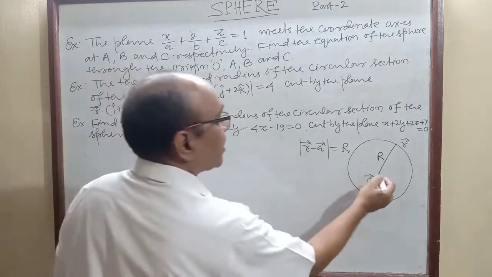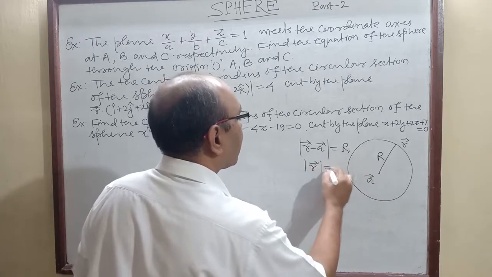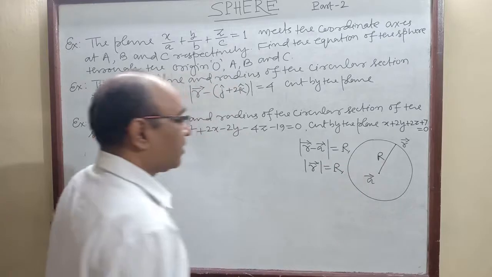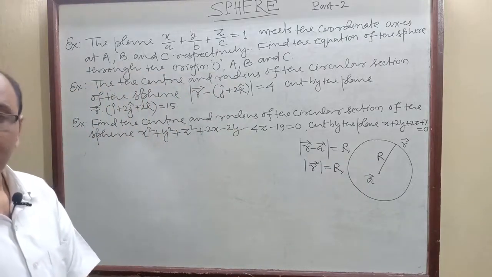If the center is at the origin, then this equation can be written simply as mod R equal to capital R. This is the vector equation of the sphere whose center is at the origin and R is any general point on the sphere.